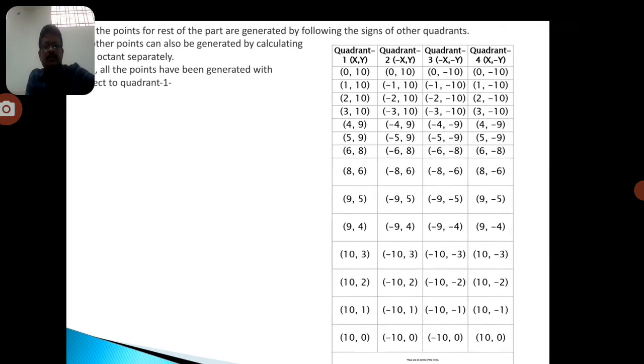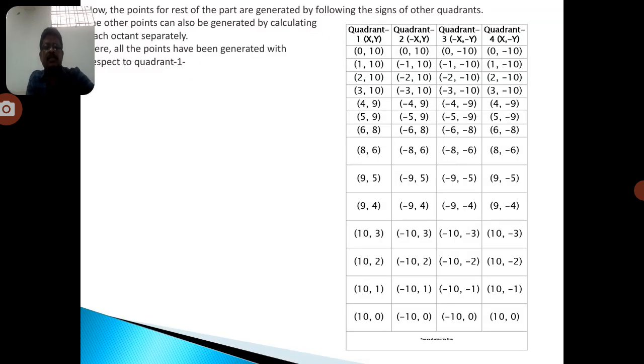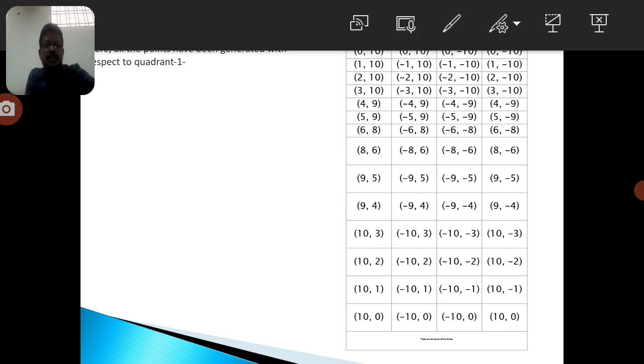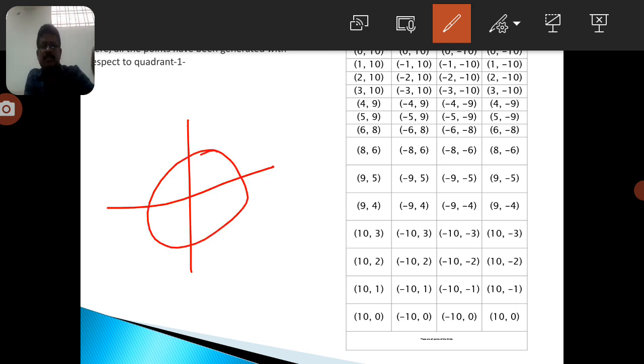So based on these quadrant values, based on these octant values, we are going to draw the circle like this. All the parameters here, x comma y, are the positive parameters, and here we can take minus x comma y as the coordinates.